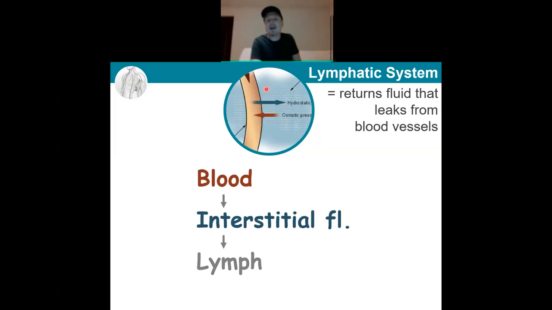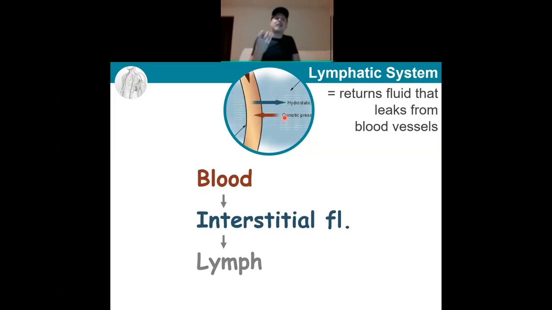Now this plasma is no longer called plasma since it's outside the cardiovascular system. Now it's called interstitial fluid. So the part of the blood that leaves the capillaries becomes interstitial fluid when it leaves the cardiovascular system.